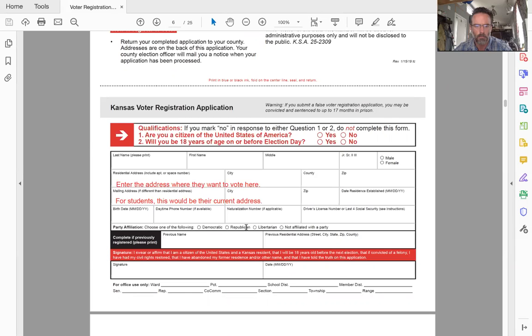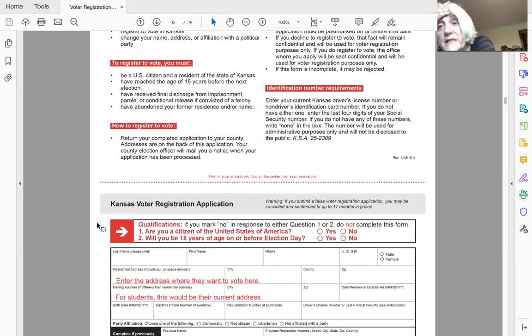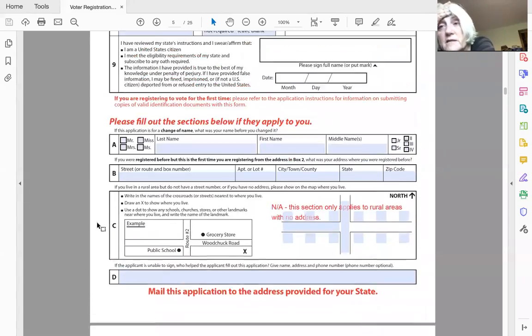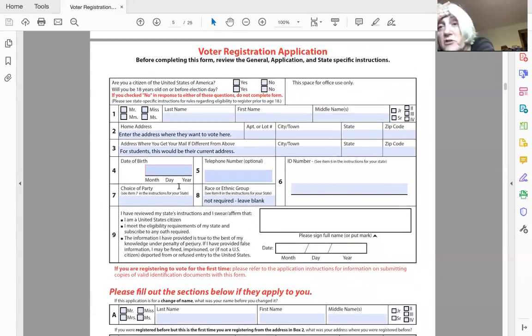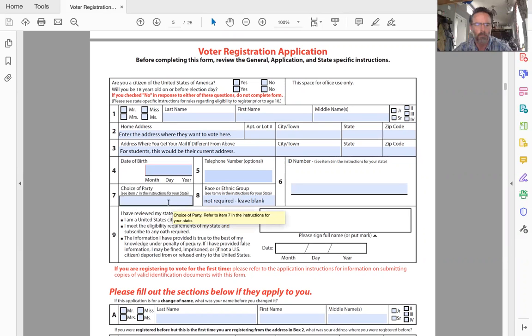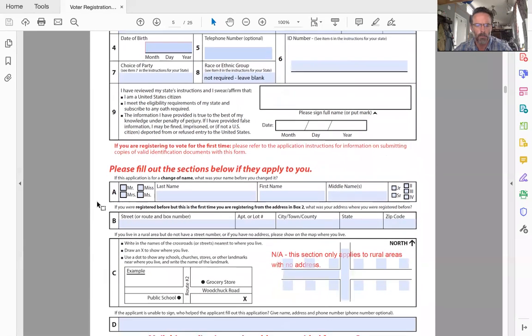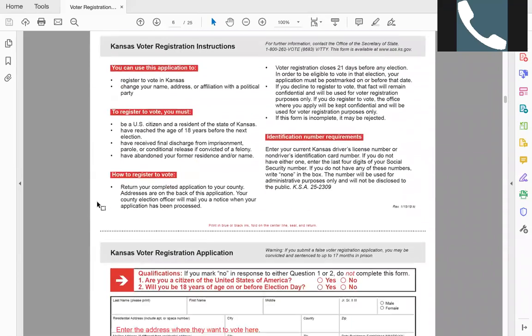So the only answers that people can write in that box, I believe box 7 on the federal form, is Democratic, Republican, Libertarian, or not affiliated. If they put down independent, that's an incorrect answer because there's actually an independent party in Kansas. So right there: Democratic, Republican, Libertarian, or not affiliated. Okay, great. Thanks, Kathy. You're welcome.